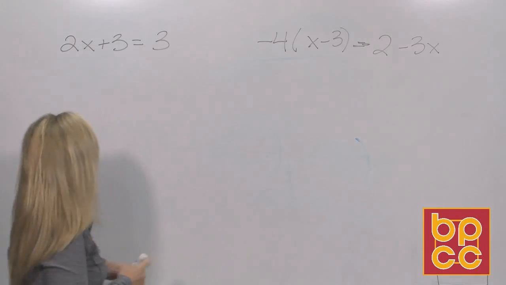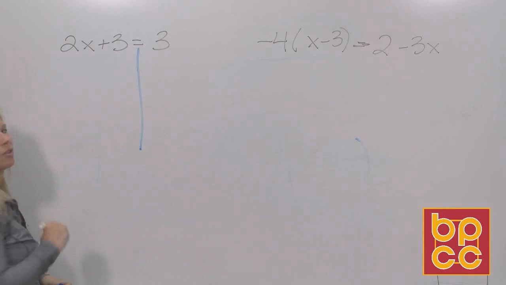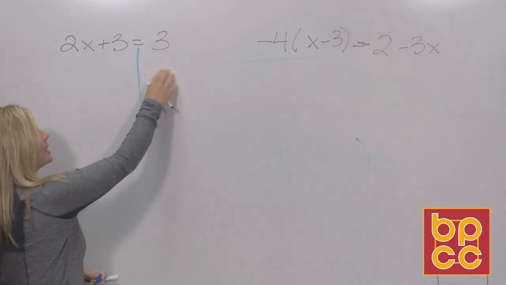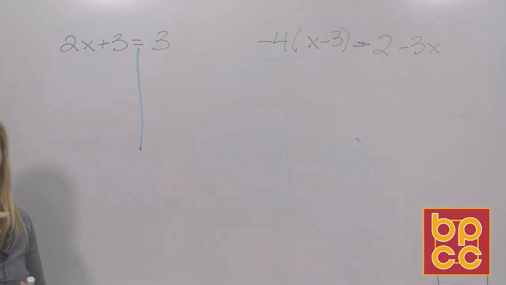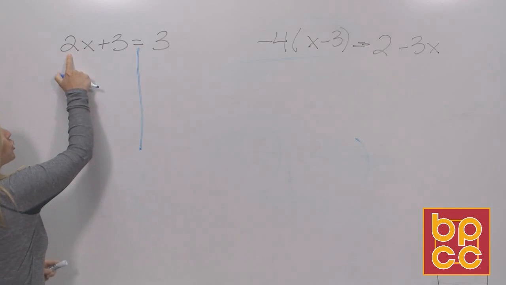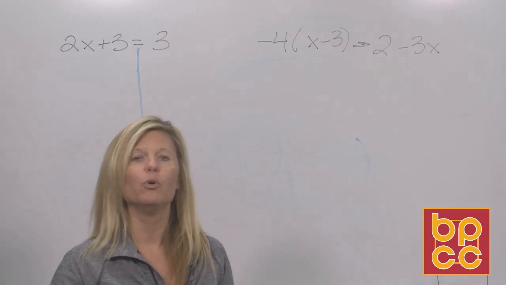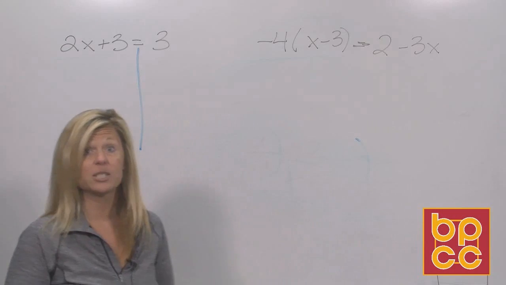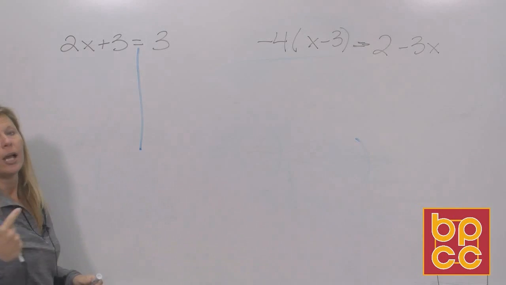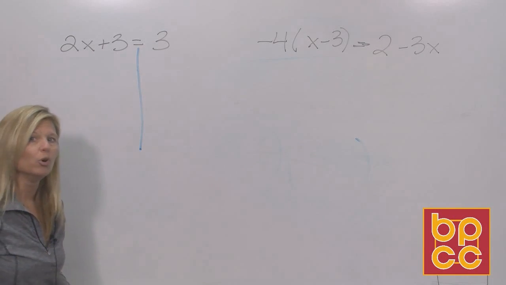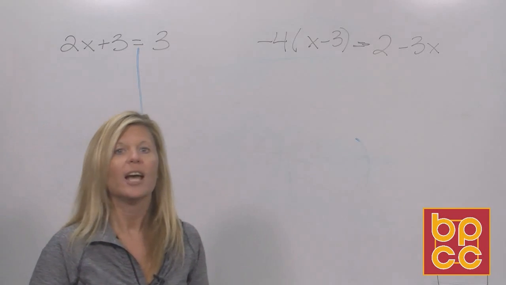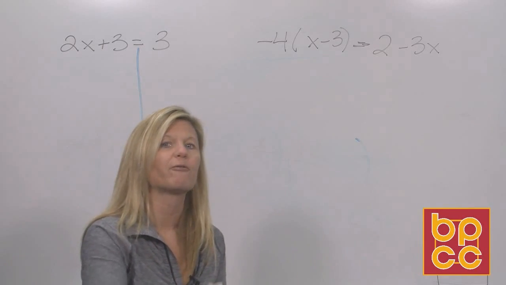So if you look, here's the equals. That separates the left side and the right side. What we've got to do is move the numbers to the right. There's two numbers here. There's a 2 and a 3. It matters who you move first. Now, it's important to understand this. In solving equations, we move adding and subtracting first. It's the one furthest away from the variable.